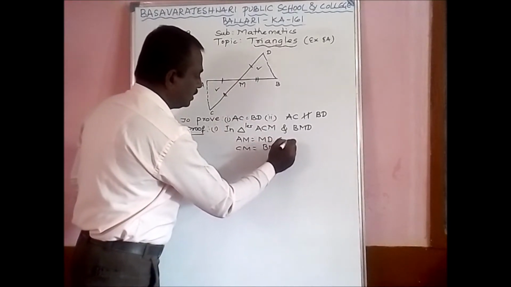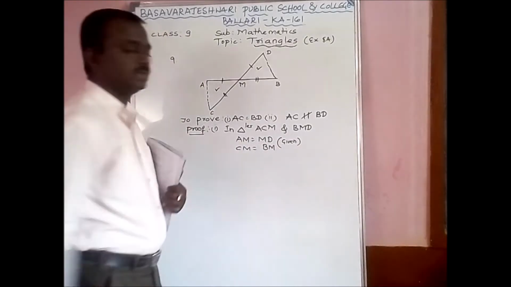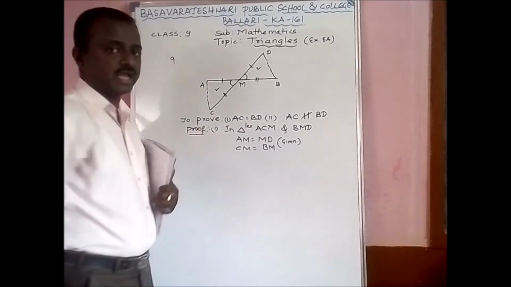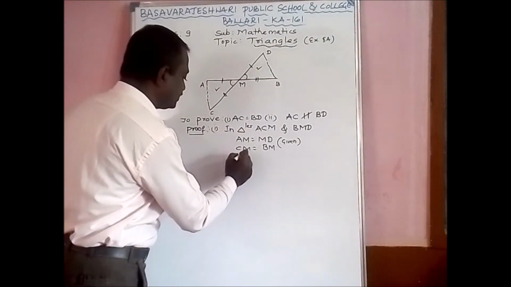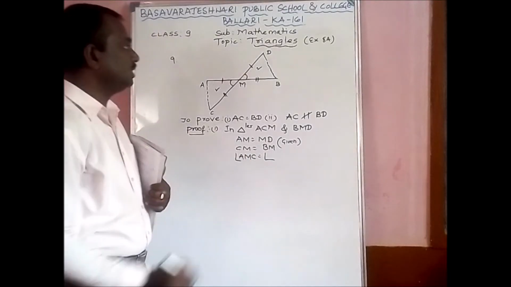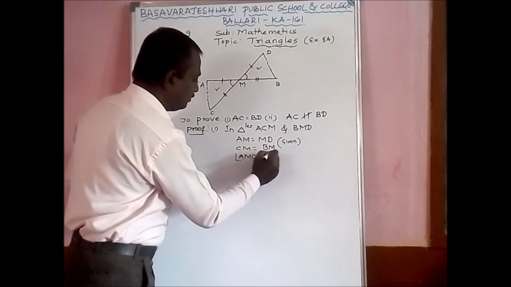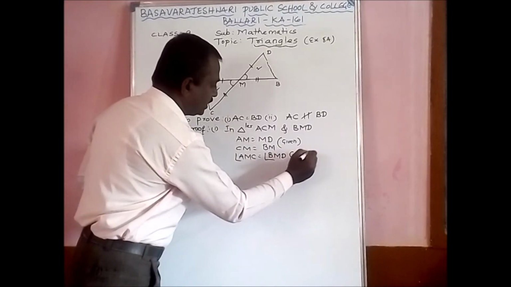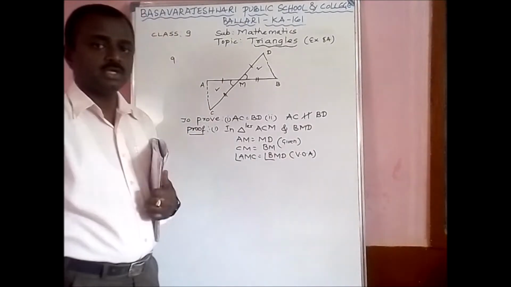It is given. And also we have one vertically opposite angle. Angle AMC is equal to angle BMD, vertically opposite angles.